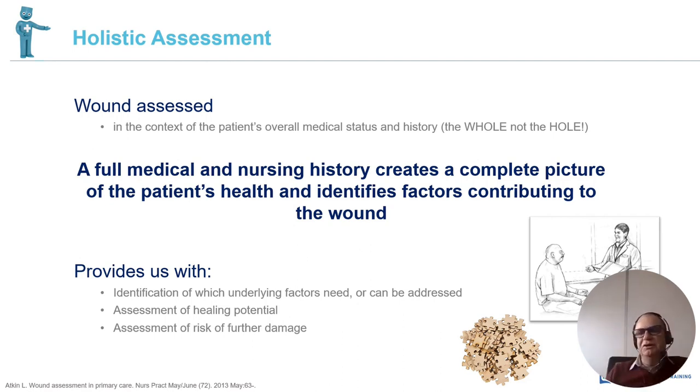Identify what the wound is, identify what is needed, what can be changed, what can be addressed, what is the healing potential of the patient and the wound, making sure that we make assessment also for further damage of the wound itself now, but even for further damage and recurrence after the wound is healed.